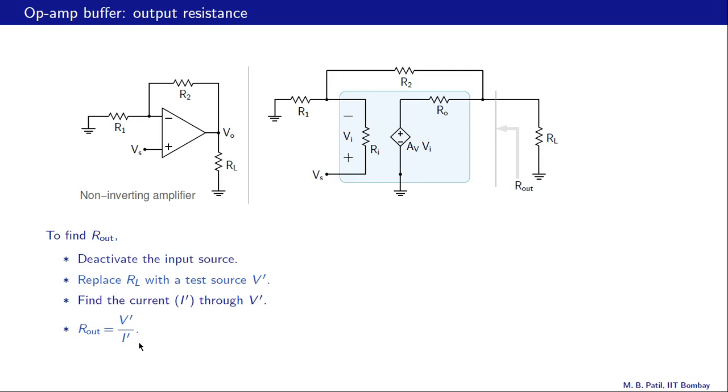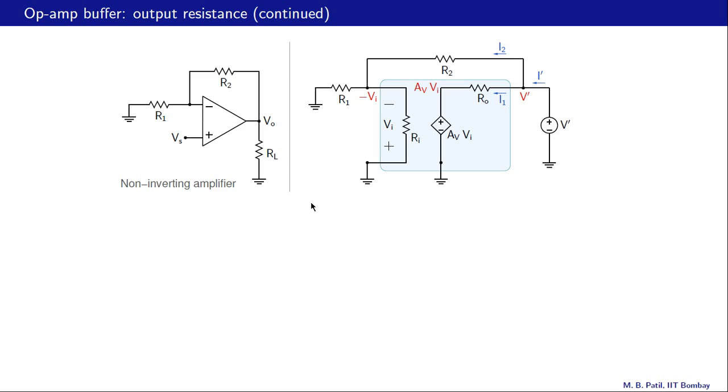So let us do that. Okay, so this is what we do. We deactivate the input voltage, that means connect this node to ground. We replace RL with a voltage source as shown over here, and now we find the ratio V prime divided by I prime, and that will give us the output resistance.